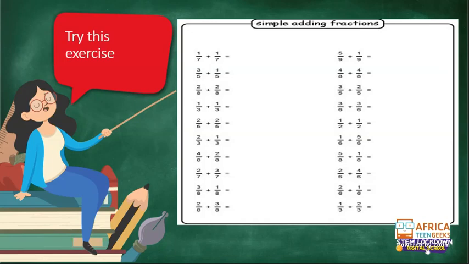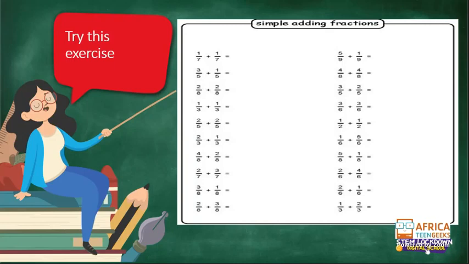And then we have 2 over 5 plus 2 over 5. That is 4 over 5. Thank you so much. And then we have 2 over 3 plus 1 over 3. Right, thank you so much.